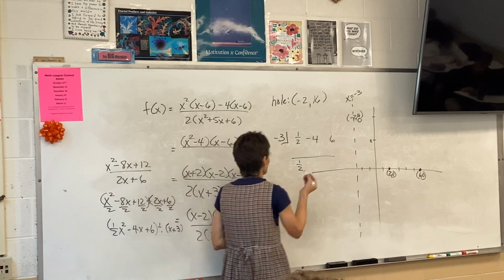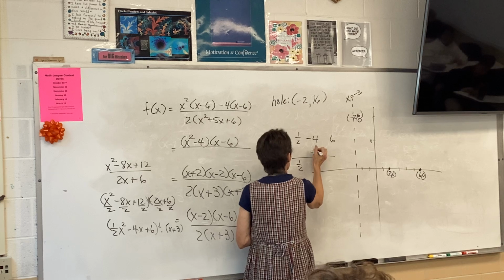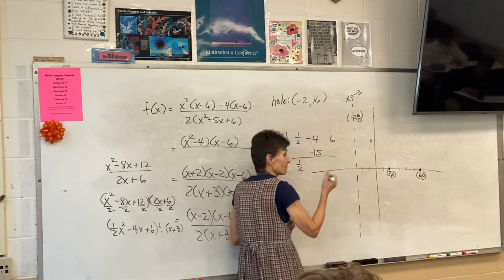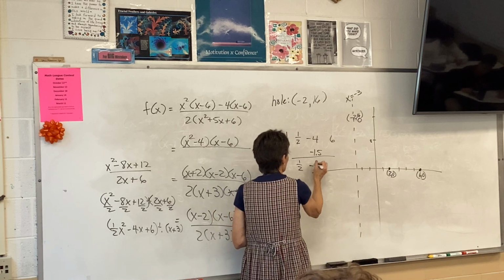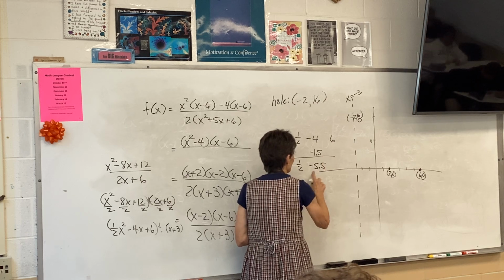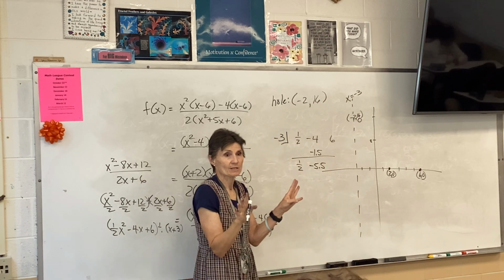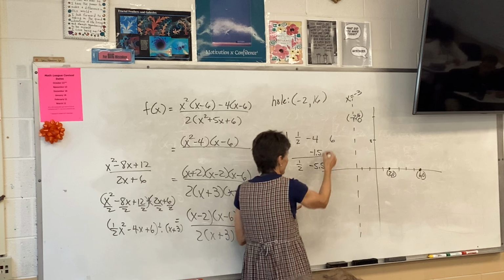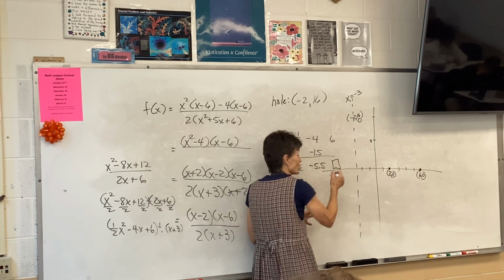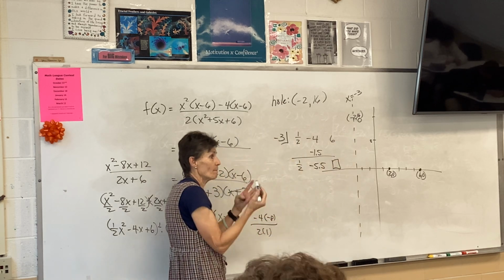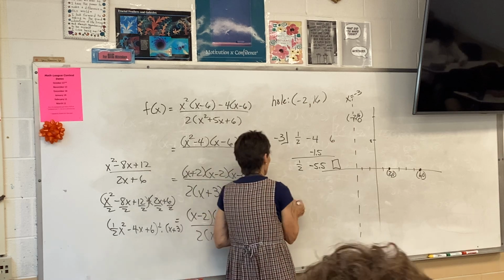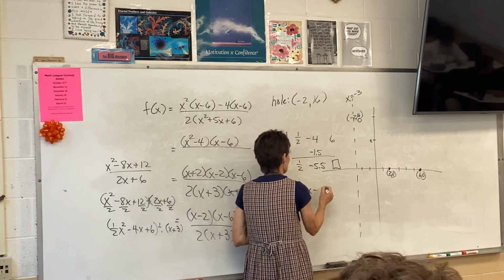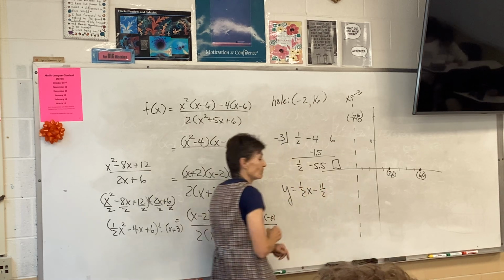So -3/2 or -1.5. I can do that, because that's going to give me -5.5. And I don't need anything else, because that's just going to be the remainder and it doesn't matter. So y equals 1/2 x minus 5.5 or 11/2.